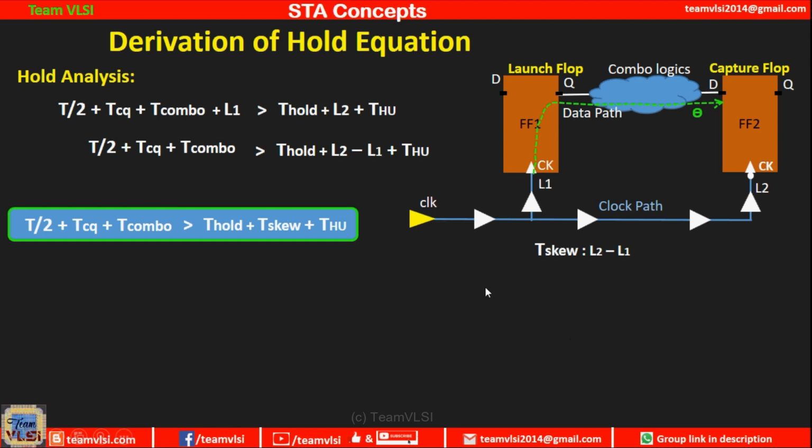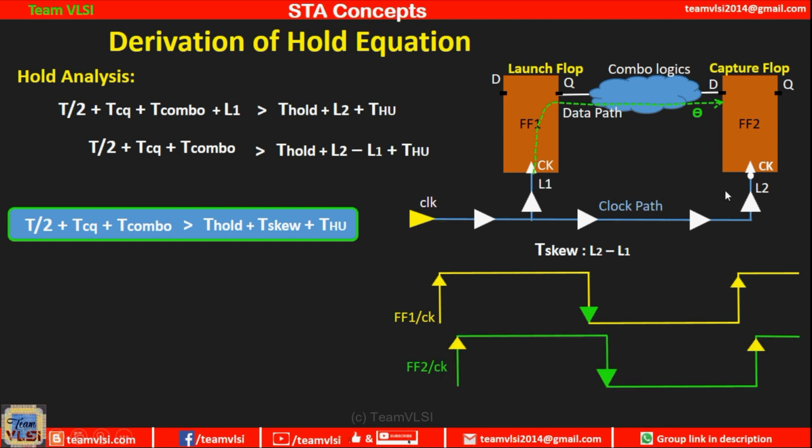Let's summarize this analysis. We have a clock signal FF1 CK like this, and for the capture flop we have a delayed clock signal like this. We have seen that our setup analysis is done between this positive edge and the next negative edge, between these two, right?